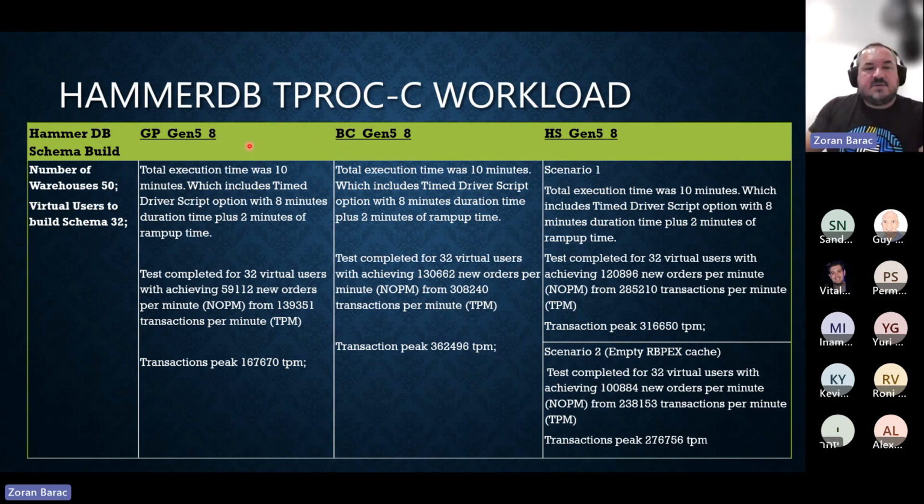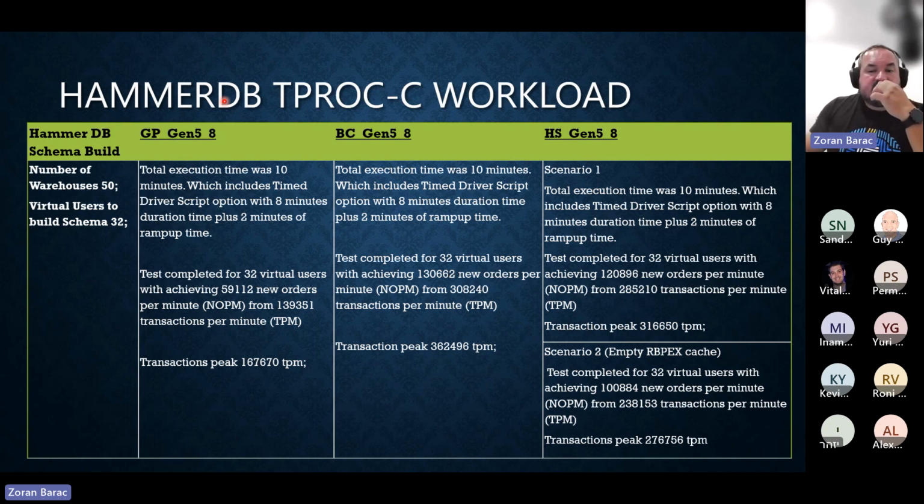This is the HammerDB TPROC-C workload. It's basically for testing purposes, I use the HammerDB tool. It's a free open source tool, heavily in use. Lots of DBAs and data specialists use it for testing their data environment.